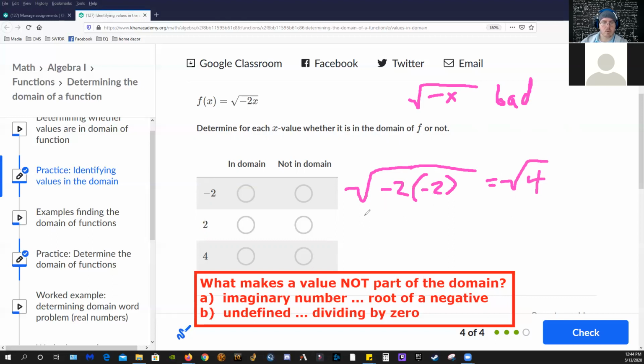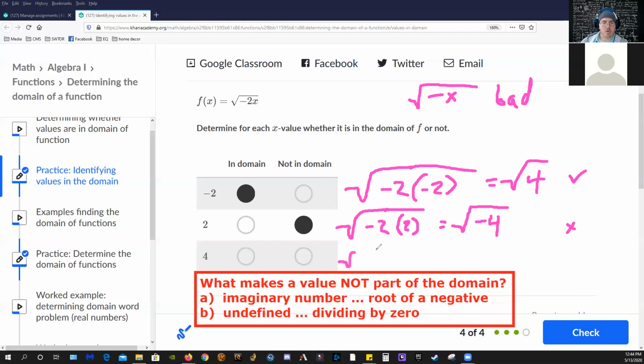This one's the square root of -2 times 2, which is the square root of -4. Uh-oh. That's no good. This one's fine. This one's not.